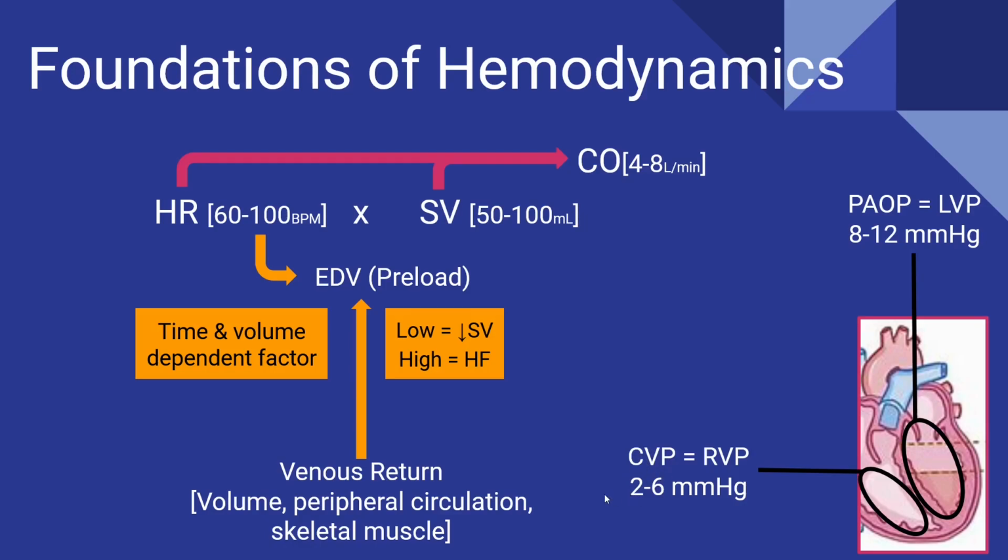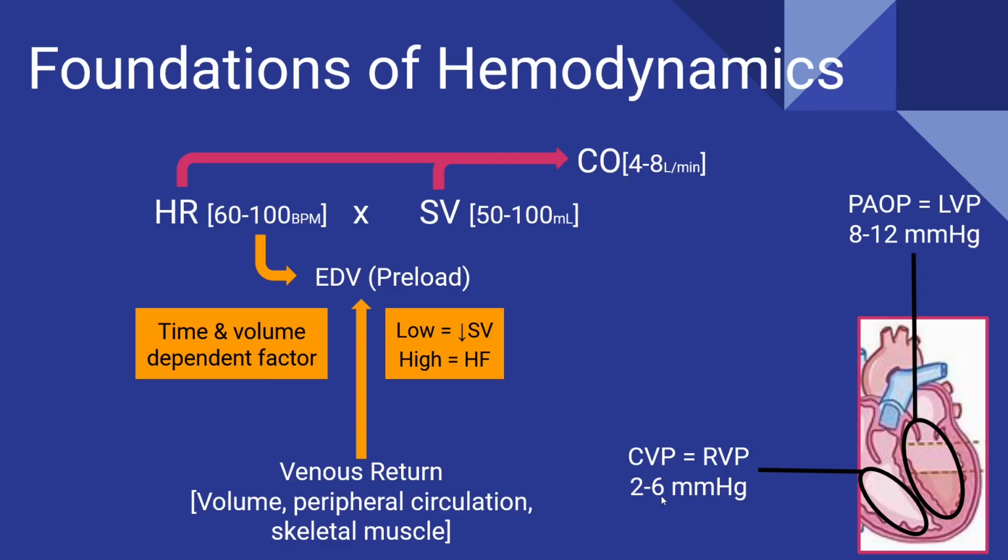So a lot of people think of CVP, central venous pressure, as the pressure right before your right ventricle. A lot of people think, oh, that's volume status. That's how dehydrated my patient is. Right? If it's a low pressure, my patient's dehydrated, give them volume. That's not necessarily what that means.